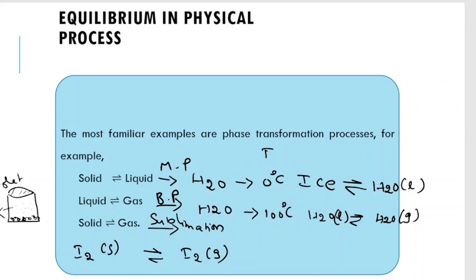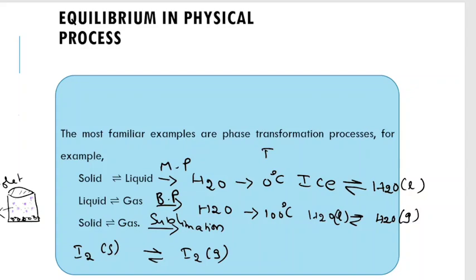Iodine sublimes into violet color vapors. Initially, as the iodine starts converting into I2 gas, you can observe a light violet color.